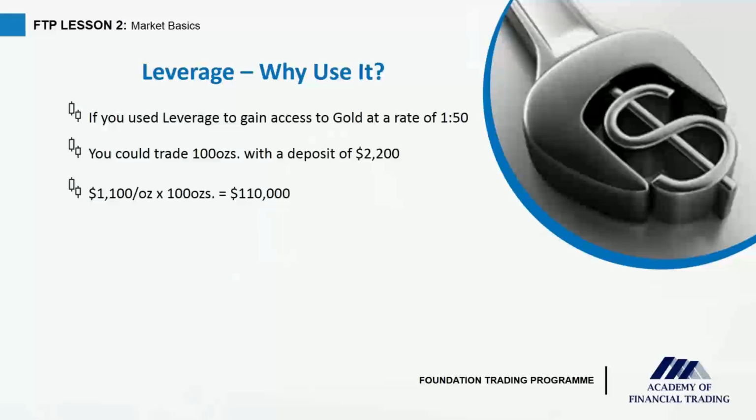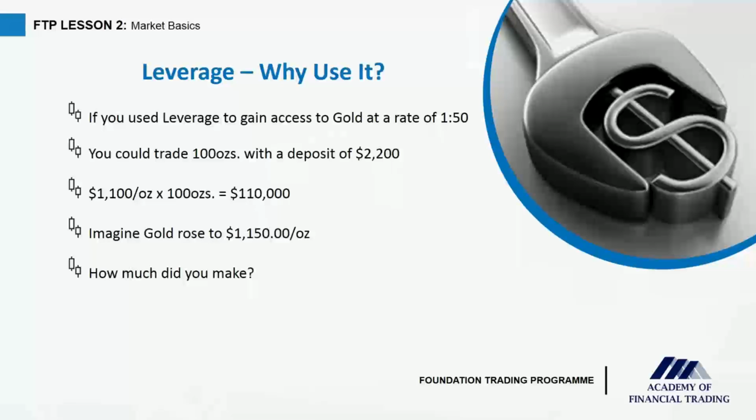Okay, you now have access to 100 ounces. So you have access to $110,000 worth of gold. And imagine again, gold just went up by $50. How much would you make in this instance? What do we think? You're not trading with $5,000 worth of gold. You're trading with $110,000 worth of gold. Gold has gone up by $50 an ounce.